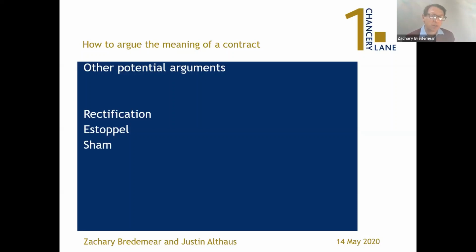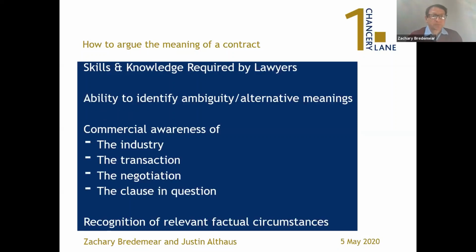Your client might not have behaved itself as well as it ought to have done, and you might be concerned that this would discourage the court from coming to the construction that you wanted to advance. So those are 2 reasons why you might not run a rectification case, where there was within the material that you had matters to support your argument that rectification was an alternative to your construction argument or your correction of an error argument.